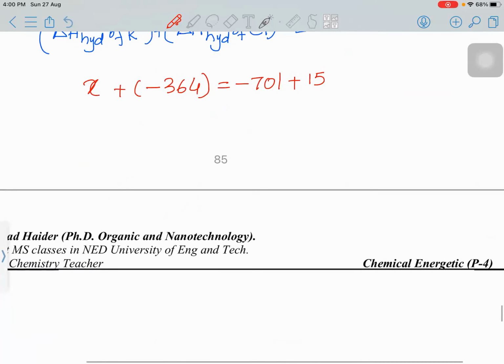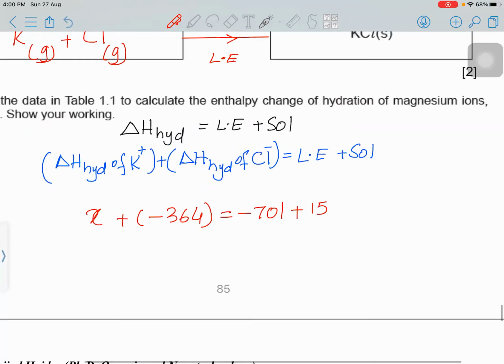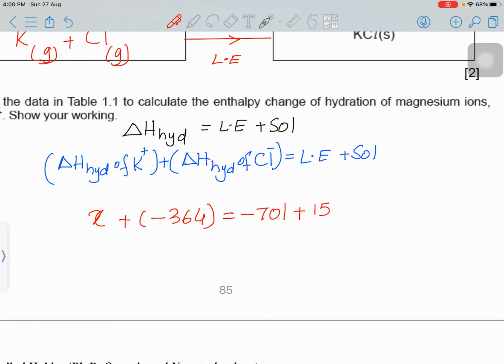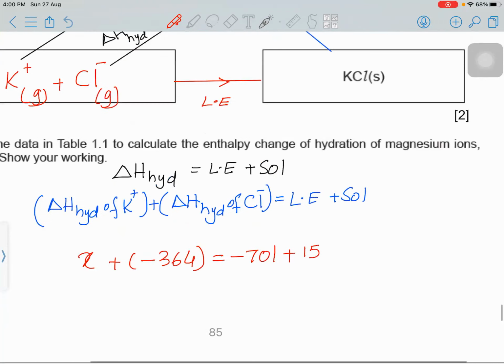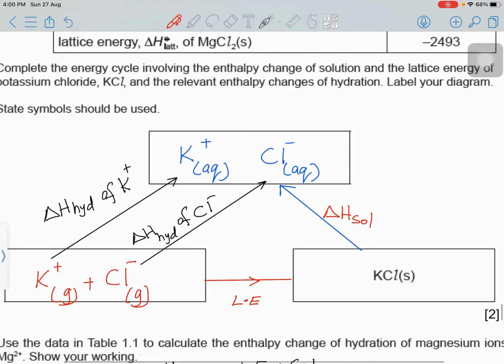Yes, sir. So we are doing this for the magnesium ions, right? This is for the magnesium ion, not for the potassium ion. So the salt used is MgCl2.